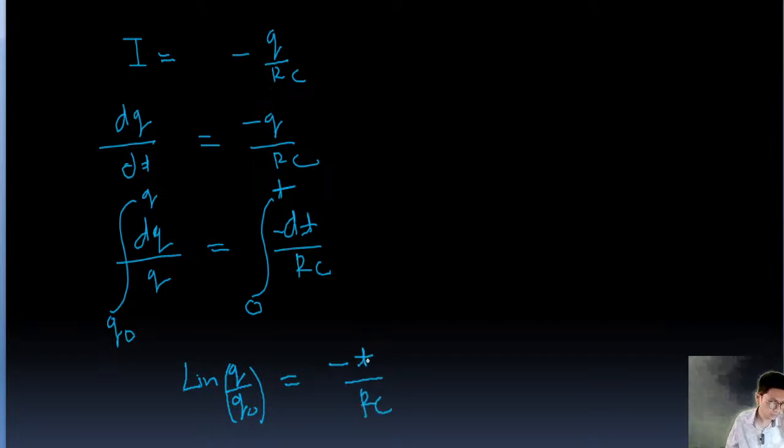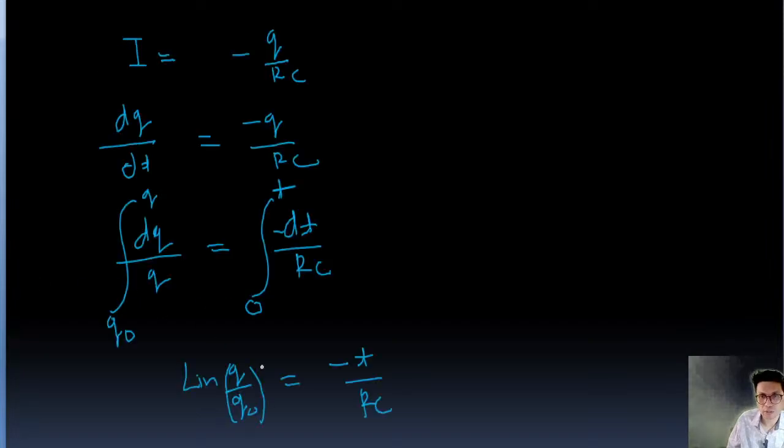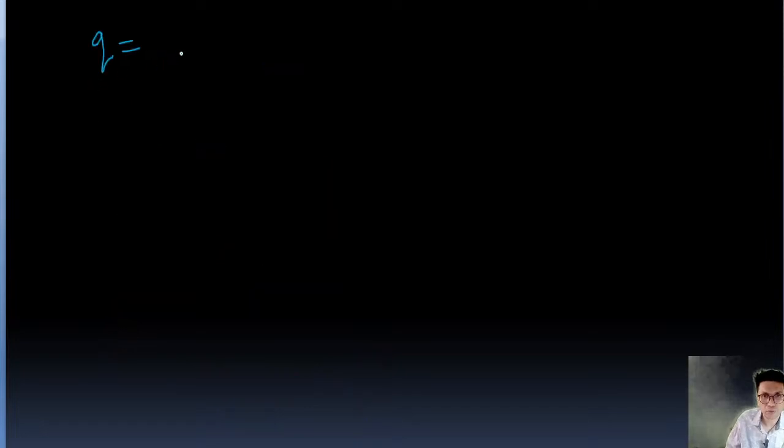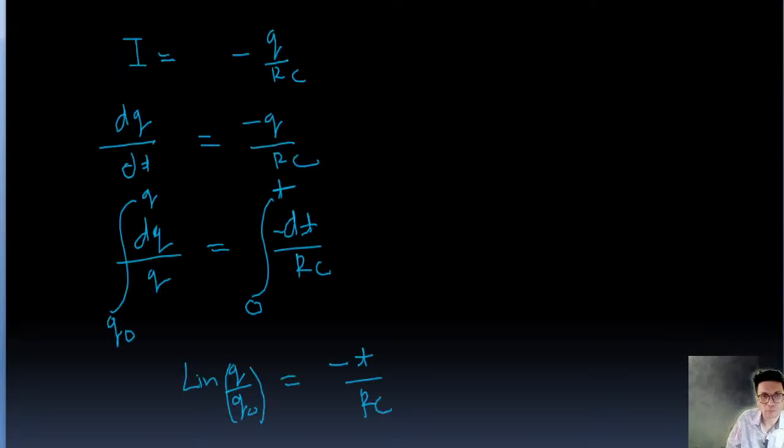Taking the exponent using the log property, Q upon Q0 is going to be e to the power minus t upon RC.